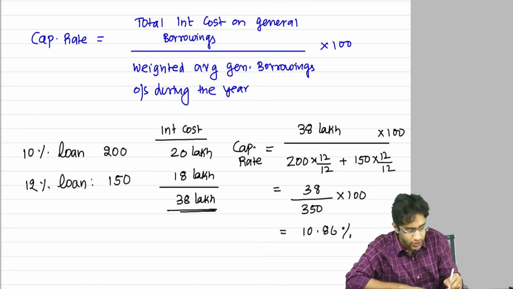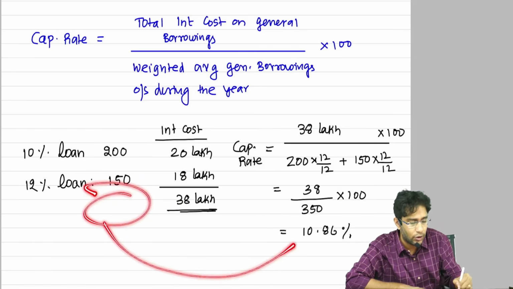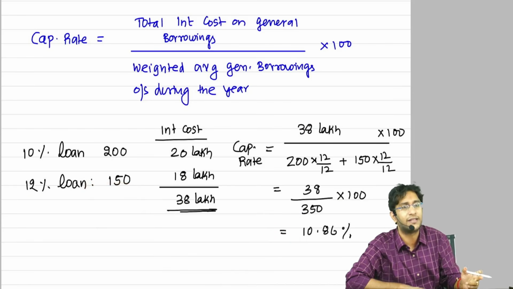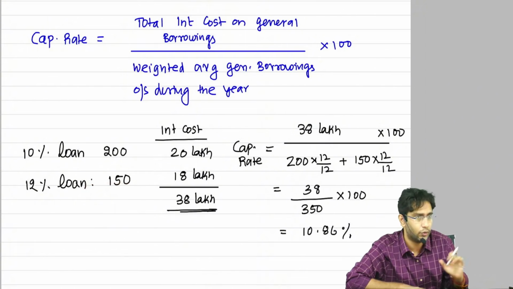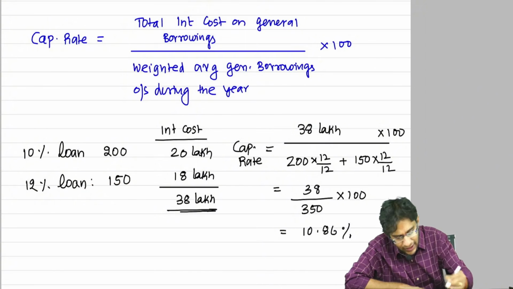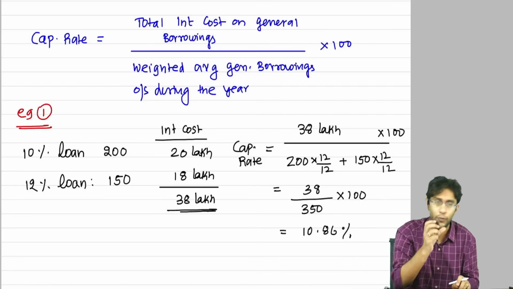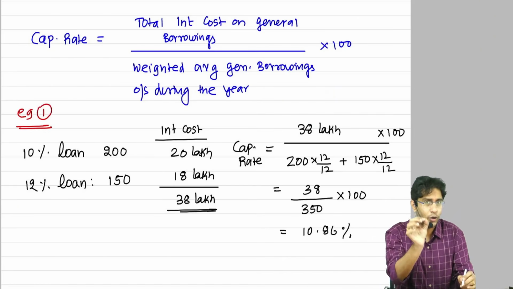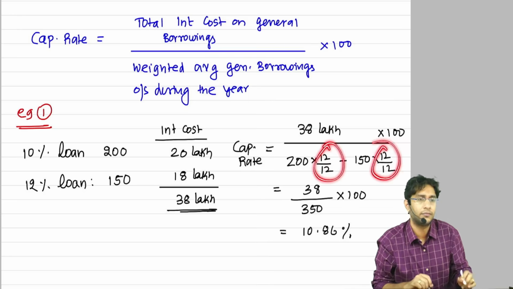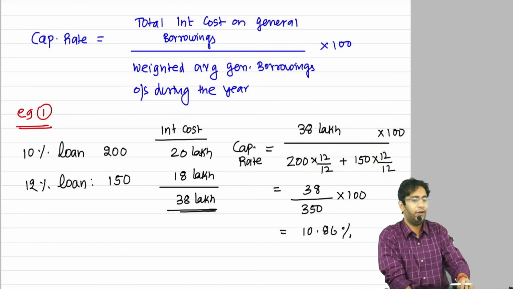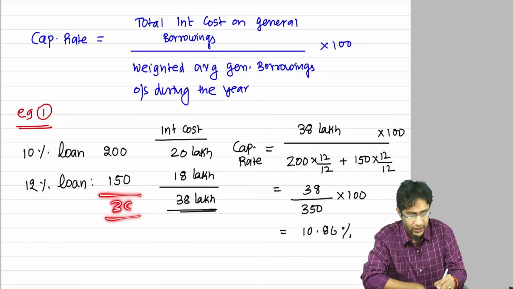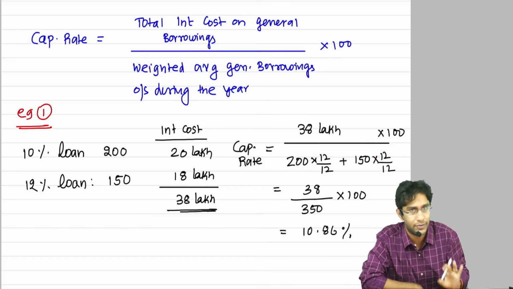On average, 350 lakhs has a borrowing cost of 10.86%. This is how you get the rate. So this is one example. From this example you will understand how to compute the rate, but you still do not understand the significance of this, because 12 by 12 is 1. Even if I don't take that and directly put 350 in the denominator, the answer would have been the same.